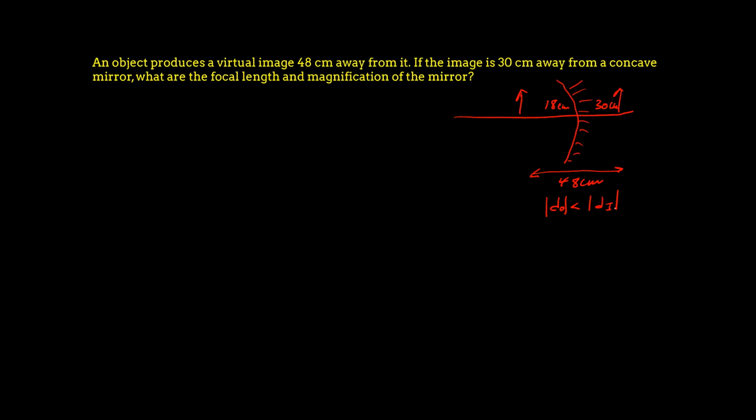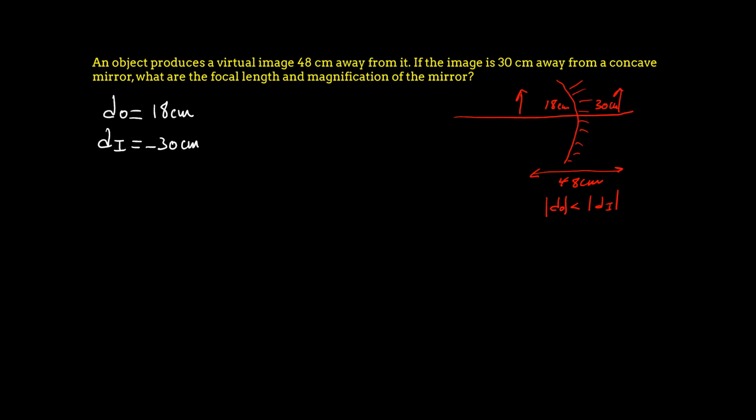All right. Now let's write down what we know. We know that d sub O is 18 centimeters, it's positive, and d sub I is negative 30 centimeters because it's a virtual image.